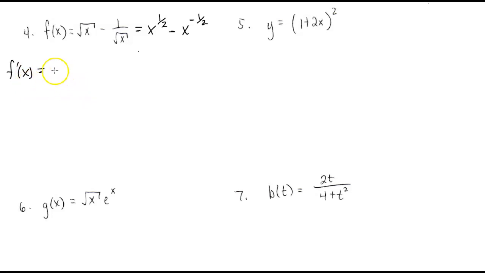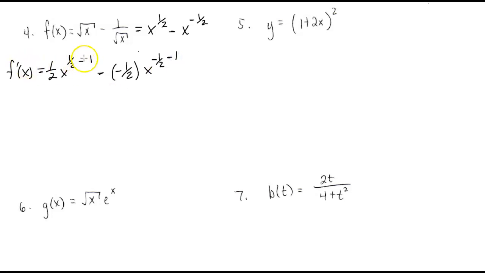Okay. All right. So here, if we are going to take the derivative of this, then of course we'll use the power rule. So the power rule says we take whatever the exponent is, multiply that in front, and then we subtract 1 from the exponent. And then we'll repeat the process here. So we have a minus, and then there's a negative 1/2, x raised to the minus 1/2 minus 1.